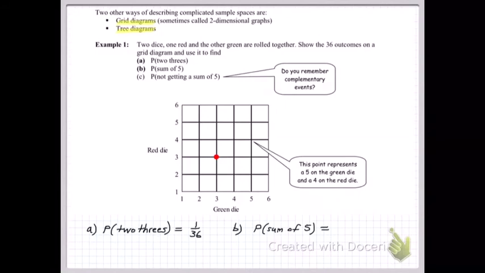So we look for the possibilities, the successful outcomes that would give 5, and that would be a 1 and a 4, so that's this point on the grid, or a 4 and a 1. We can also roll a 3 and a 2, or a 2 and a 3, and those are along that same diagonal. So there's 4 chances in 36, which reduces to 1 chance in 9.